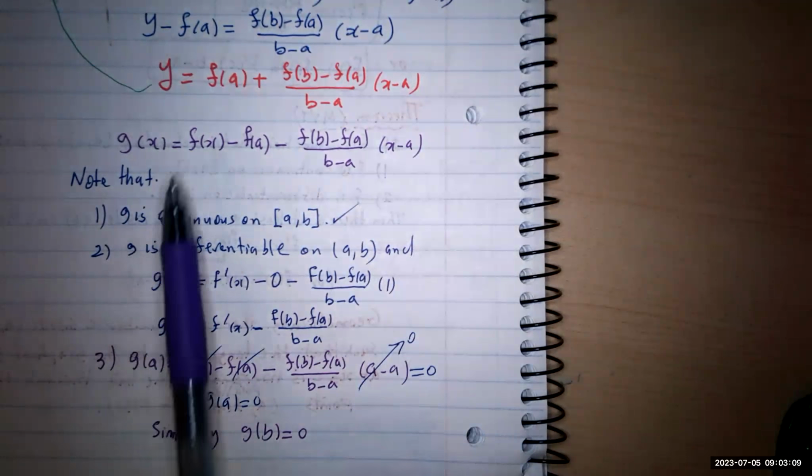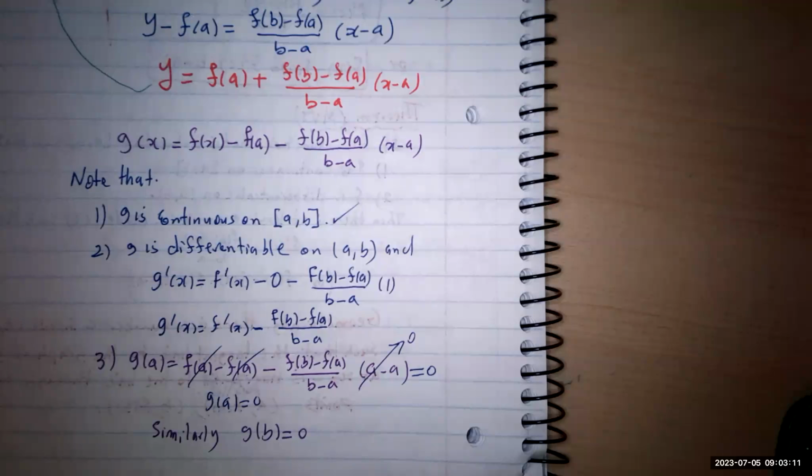So g satisfies Rolle's theorem. There is a c such that g prime of c equal to 0, which gives you the mean value equation. And then you prove it.